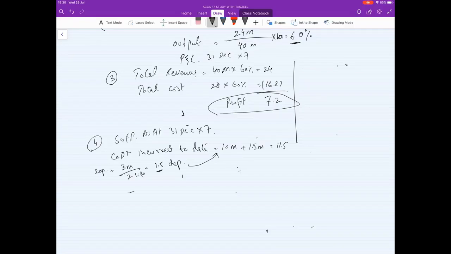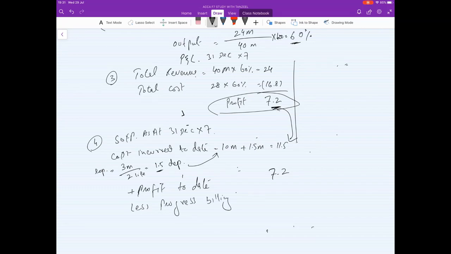Now add profit to date. How much profit have you already made? This is the profit you made, so add this 7.2. You already made the profit. Less progress billing.